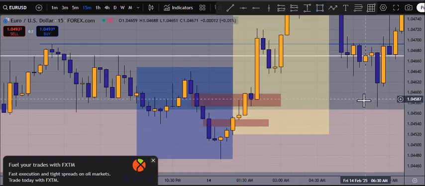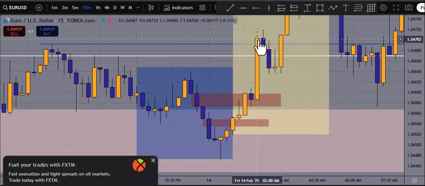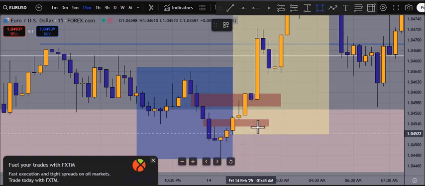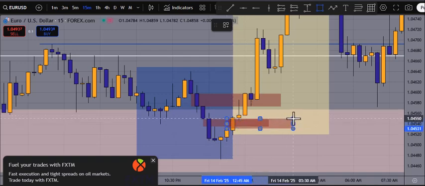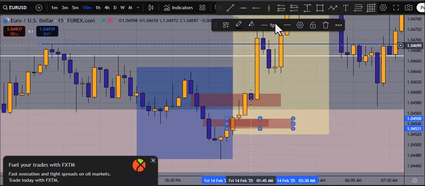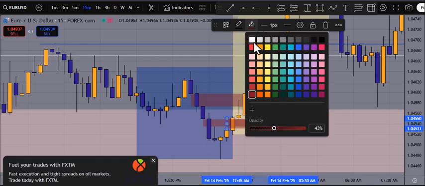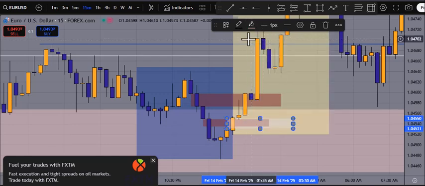Now these fair value gaps are going downward, and we are bullish according to what we say. At this point we now have a bullish fair value gap going upward. And what did I tell you about this entry? This is your balanced price range.